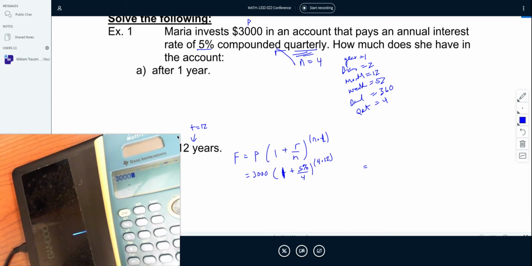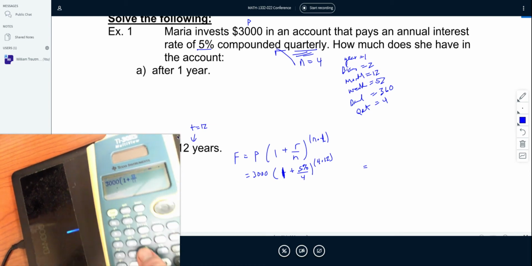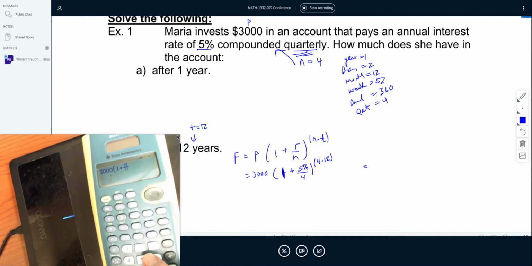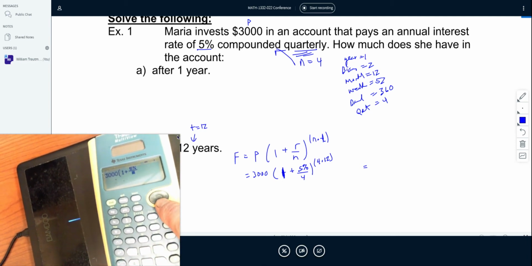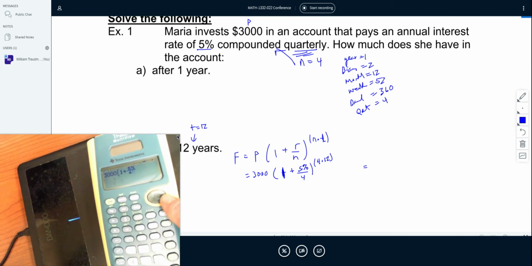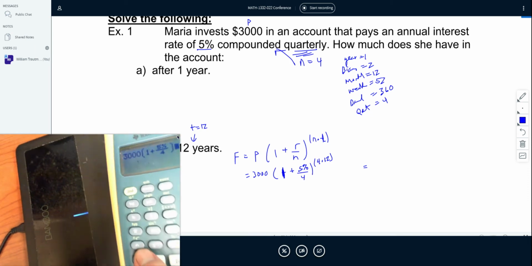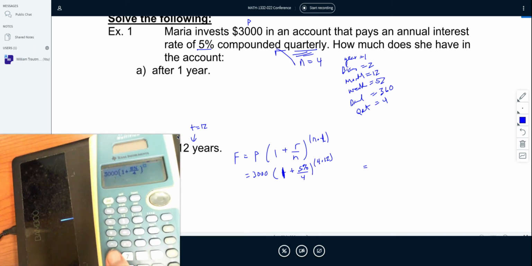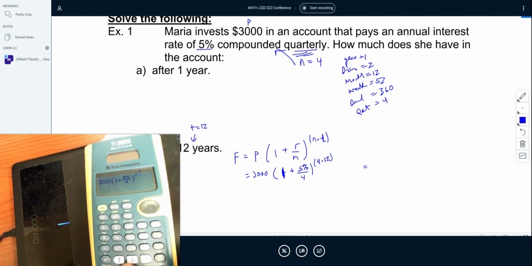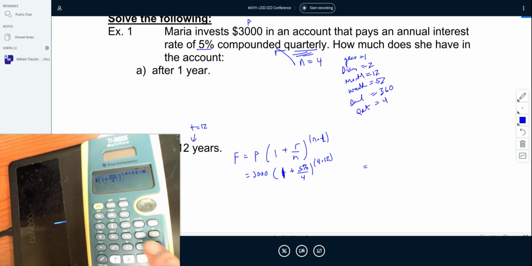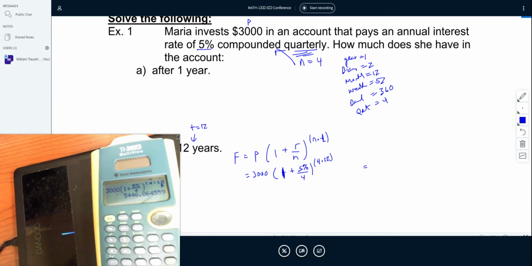So 3,000, 1 plus a fraction. Fraction is 5% divided by 4. Then I want to arrow over. And to get a power, I use the arrow button and raise it up. And I do all my powers in parentheses. 4 times 12. And I arrow over, and we have everything in there, and that's what I get.